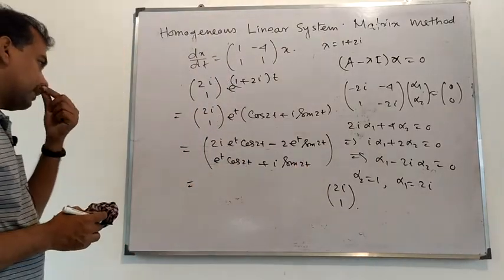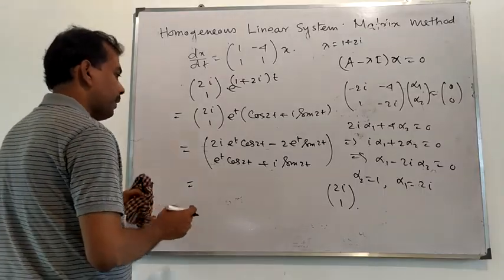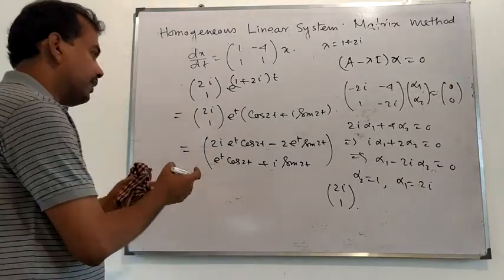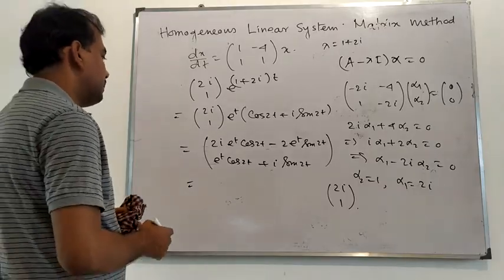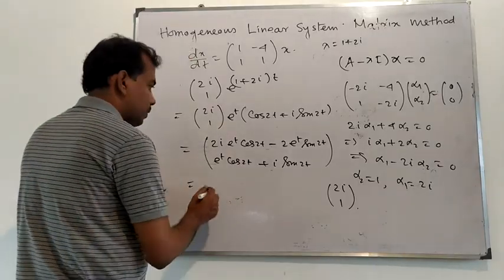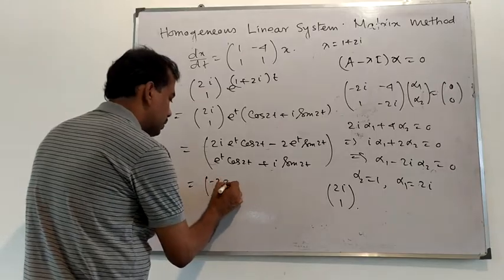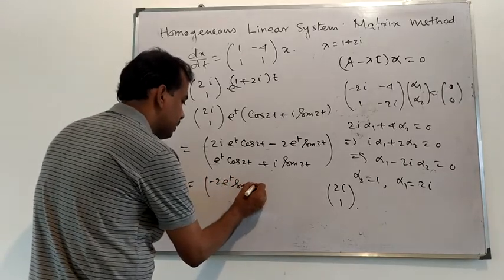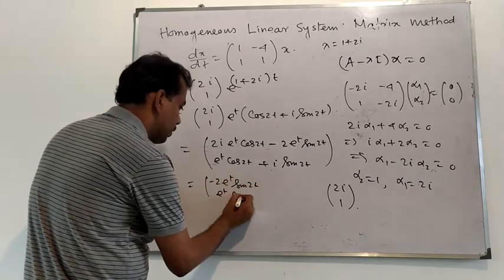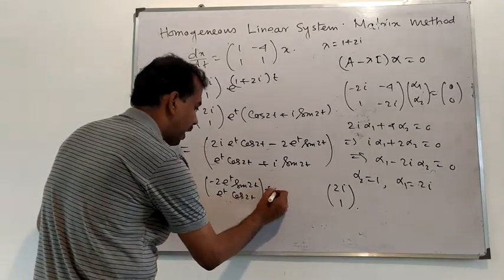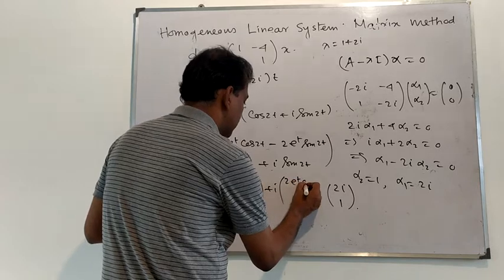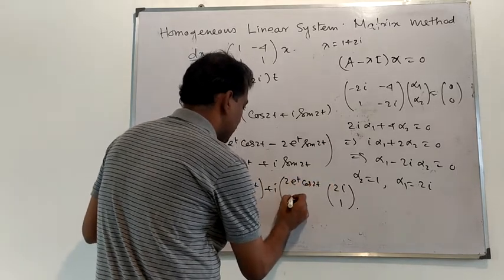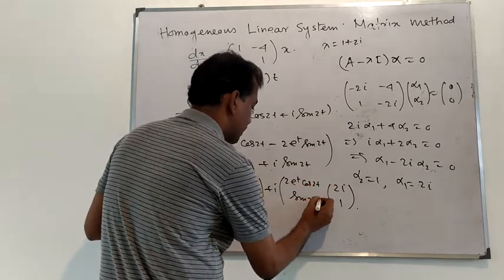Now this can be written in this way. First we write the real part and second we write the imaginary part. So this is (minus 2 e to the power t sin 2t, e to the power t cos 2t) plus i (2 e to the power t cos 2t, e to the power t sin 2t).